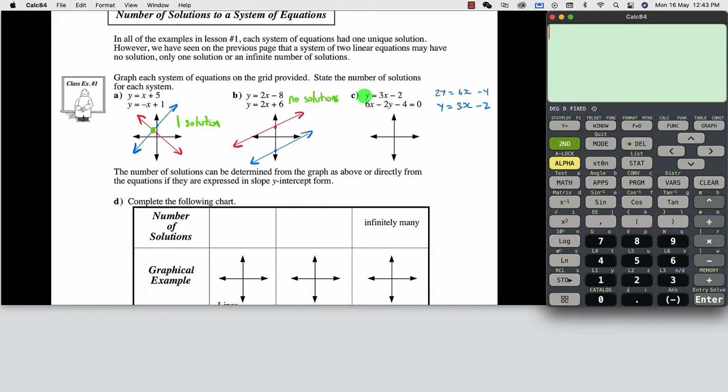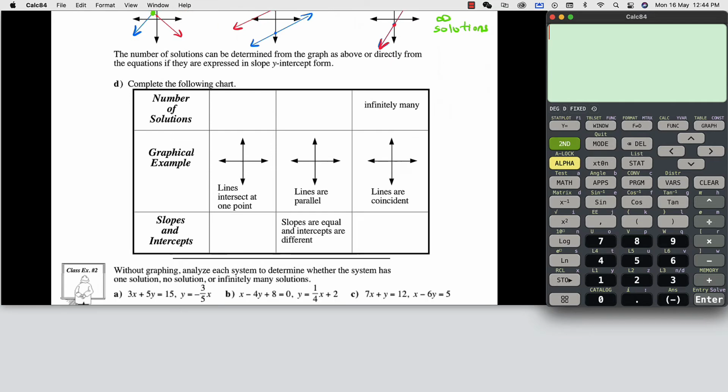And look here, we got two equations that are exactly the same. So it's going through a point right here at -2 and creating this line right here. And then the next one is also going through -2 and basically overlaying that line. So in this case, we have infinite solutions.